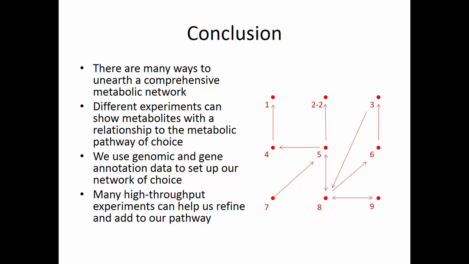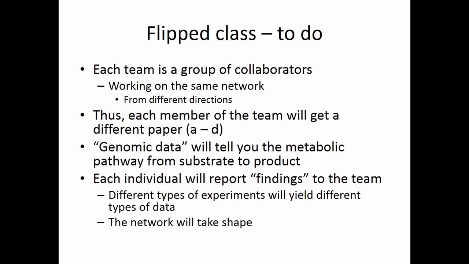Okay, I'm about to lose it. So let me get right to the to-do. Each team is a group of collaborators working on the same network from different directions. Thus, and this is the important part, if I can get it out, each member of the team will get a different paper, A to D. Genomic data will tell you the metabolic pathway from substrate to product.